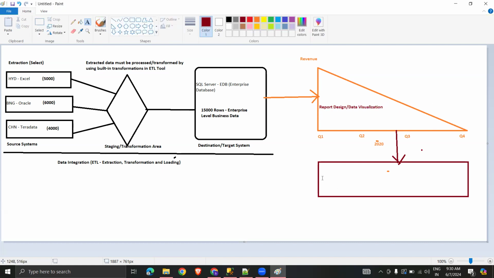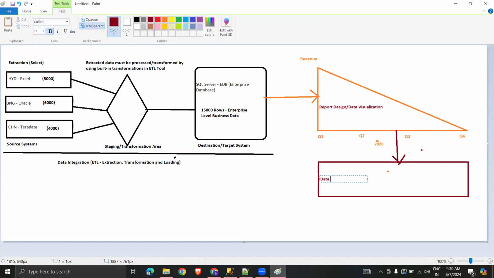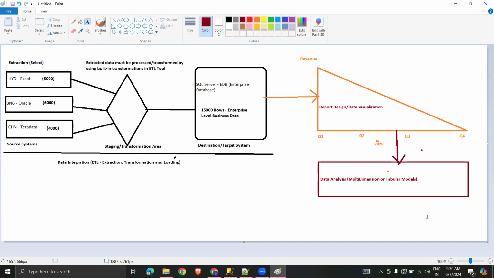And this is our data analysis, by using a multi-dimensional or tabular model. We use either a multi-dimensional or tabular model.